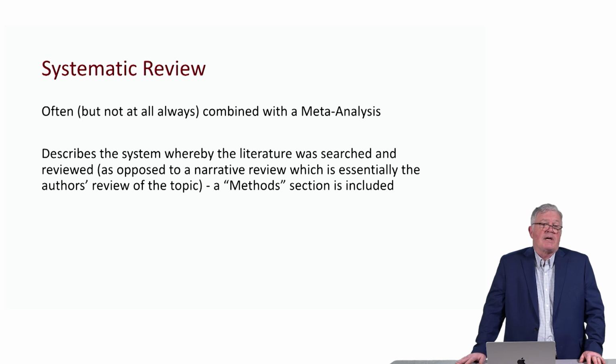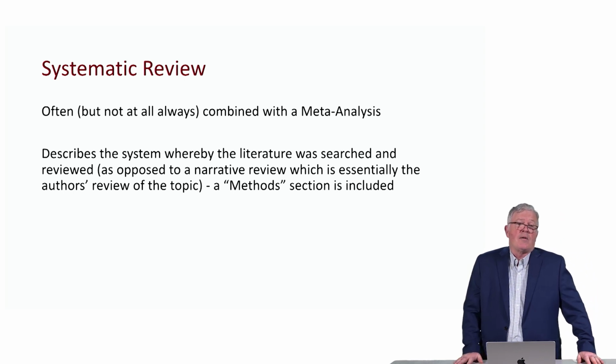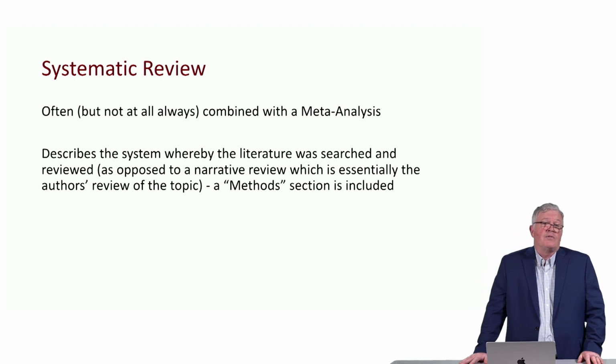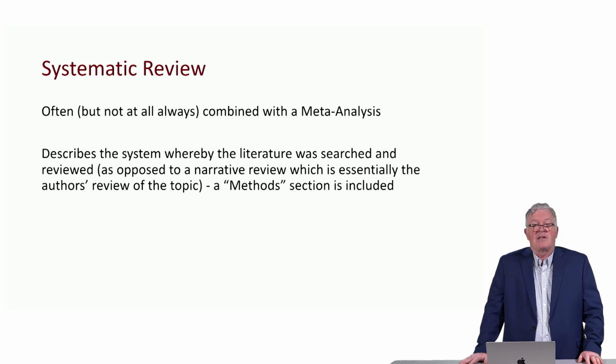I also want to point out here a narrative review is essentially where an author reviews a topic, and that from an evidence-based medicine perspective is low level because they've not had any system. So a systematic review, typically there will be a methods section. They'll tell you what databases they searched, from what dates to what dates, and what parameters they were using.